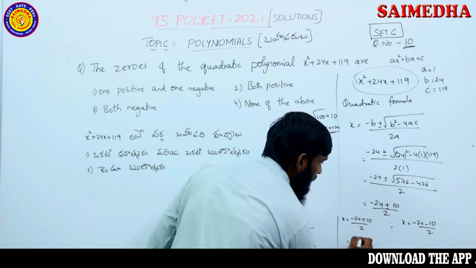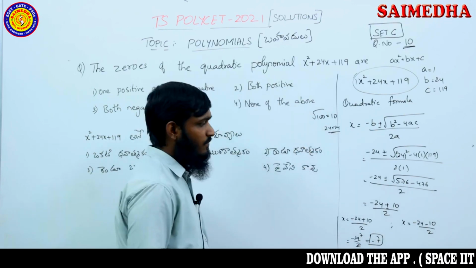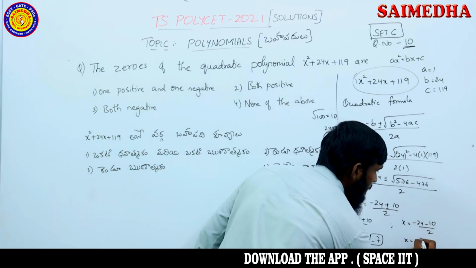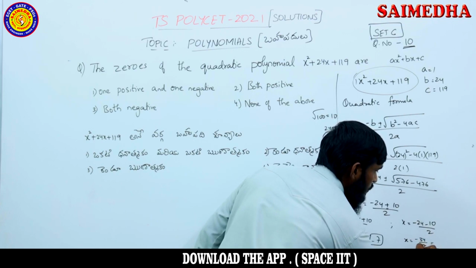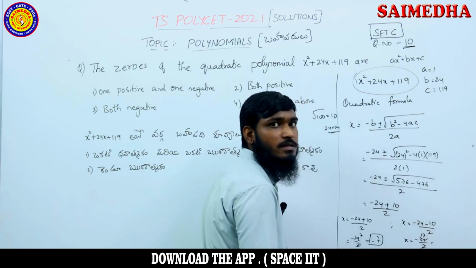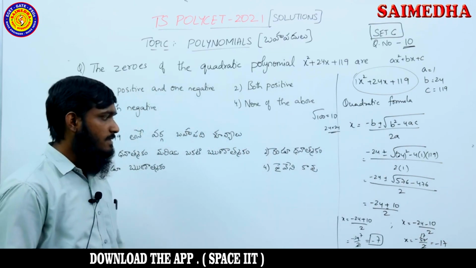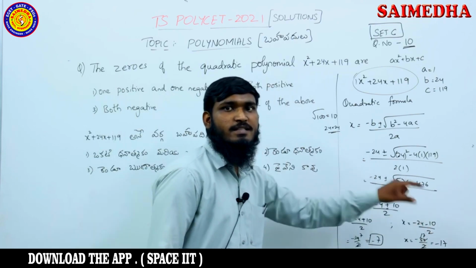After cancelling, we get the answer as minus 7. Now x is equals to minus 24 minus 10, which is minus 34 divided by 2, which is minus 17. So we are getting the answers x is equals to minus 7 and x is equals to minus 17.